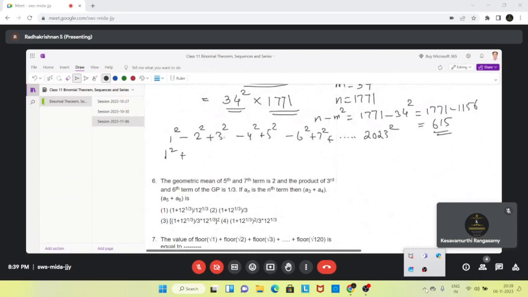Plus, so this is 3 square minus 2 square. This is 5 square minus 4 square. This is 7 square minus 6 square. So you can write it like this.